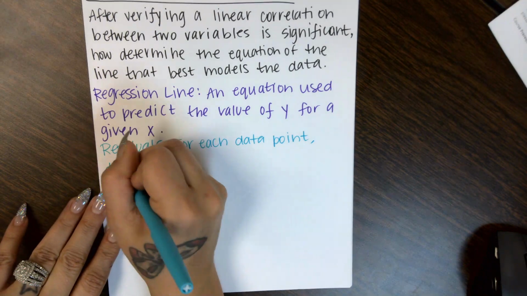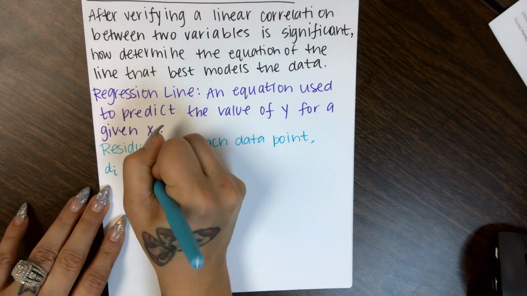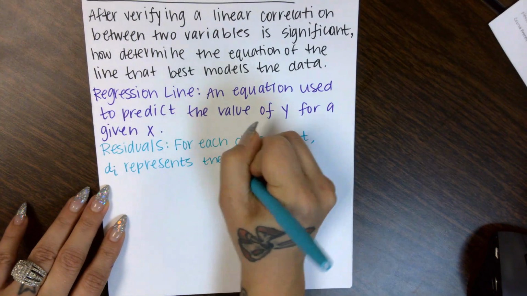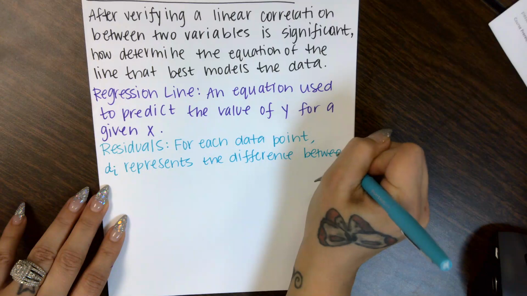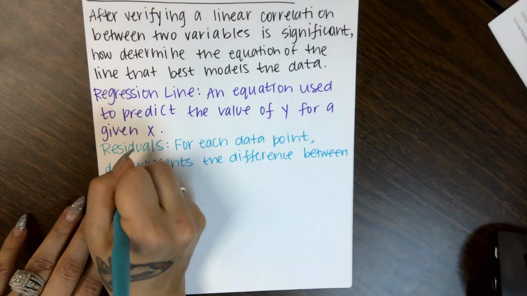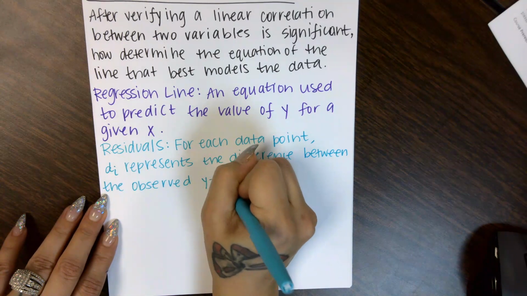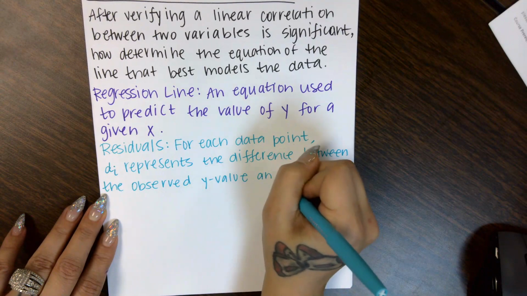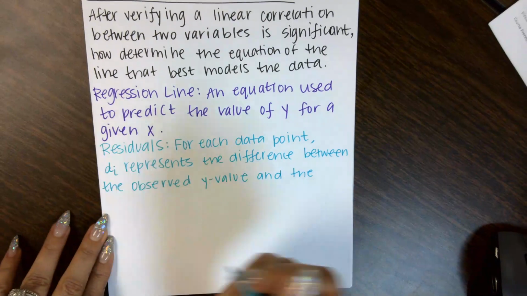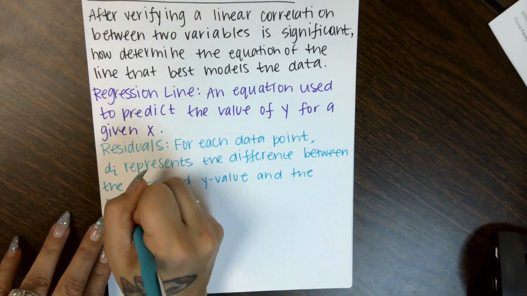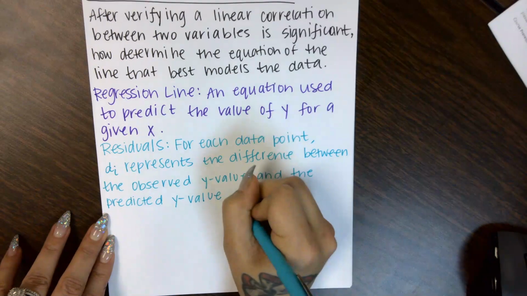So this d sub 1 represents the difference between the observed y value and the predicted y value for a given x value.